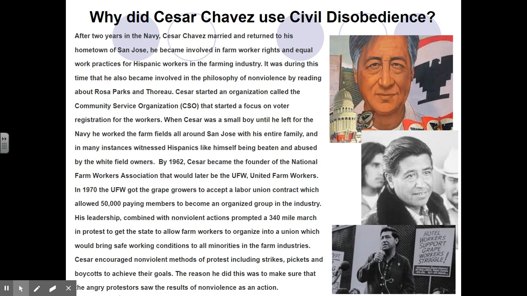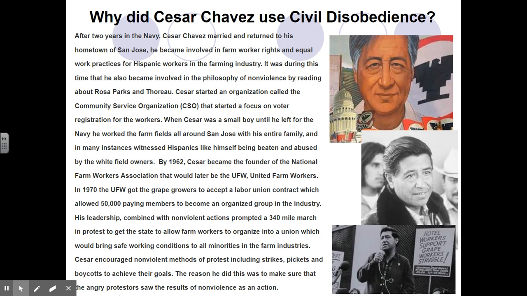After 2 years in the Navy, Cesar Chavez married and returned to his hometown of San Jose. He became involved in farm worker rights and equal work practices for Hispanic workers in the farming industry. It was during this time that he also became involved in the philosophy of nonviolence by reading about Rosa Parks and Thoreau, the same two people we just talked about.